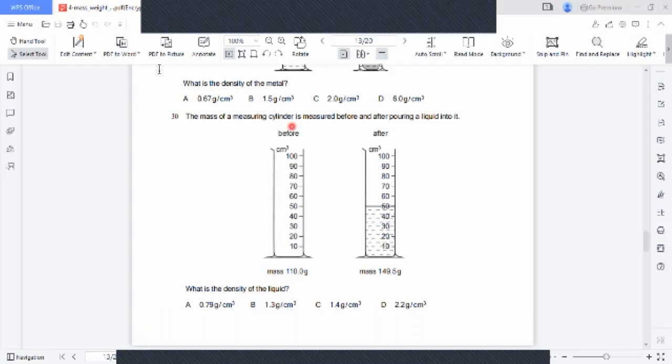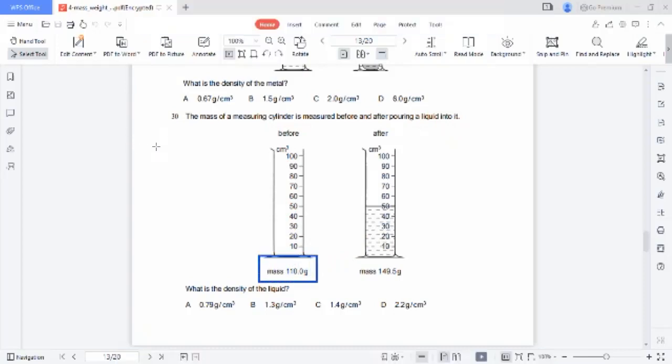The mass of a measuring cylinder is measured before and after pouring a liquid in it. Suppose this is an empty cylinder and its mass is 110. Now when some water is poured in it, its new mass is 149.5.